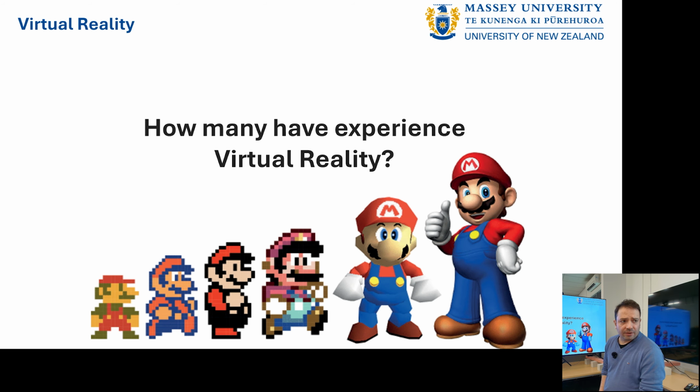So virtual reality, back in the day, no one knew, but in reality, everyone has used virtual reality with video games. What we associate now with virtual reality is the possibility to use a virtual reality headset. This is my favorite.